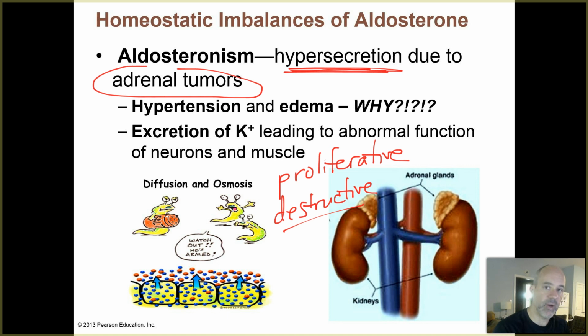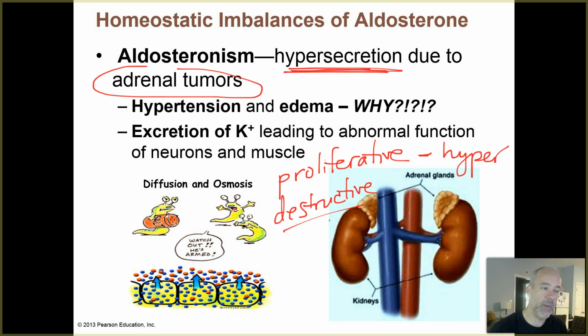If you have a proliferative tumor, that means that hormone-producing cells in the gland are multiplying out of control, which means you're going to produce too much of the hormones that they make. And very often you lose negative feedback control. The control mechanisms wind up getting messed up because you have far too many cells overproducing these hormones. So proliferative tumors tend to cause hypersecretion.